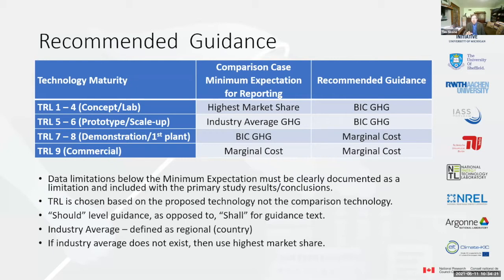How will this compare on an economic basis, and how will the environmental performance compare when it enters into the market? We do recognize and understand, as noted earlier, that certain regulatory or policy frameworks may have certain drivers and different sets of requirements for what the comparison system is.